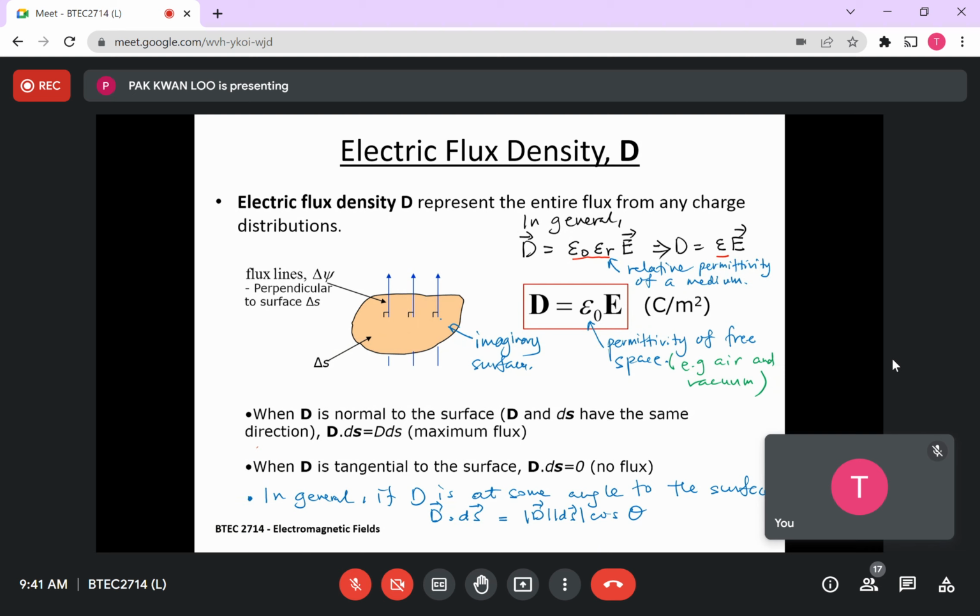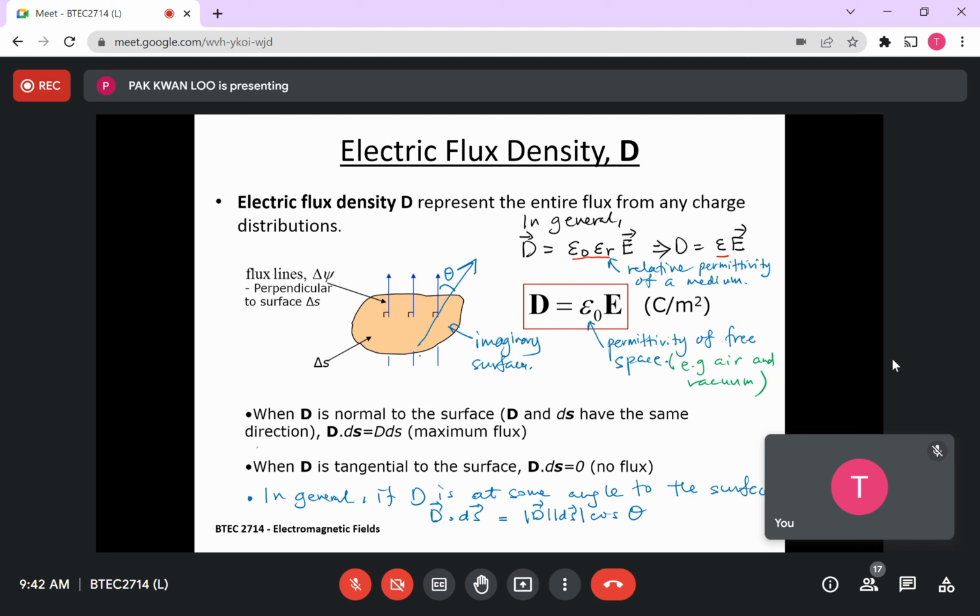If D is at some angle theta with respect to the normal to the surface, then we want to find the projection of D, the effective flux through the surface.